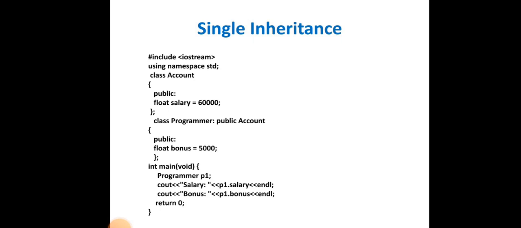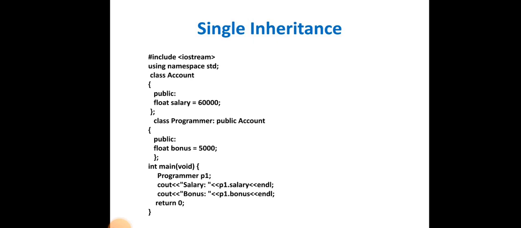After closing the class, we start the class Programmer. Inside this derived class, we declare public data, float bonus equal to 5,000. So here class Account is the base class, and class Programmer is the derived class. We are going to derive the data from the Account base class.